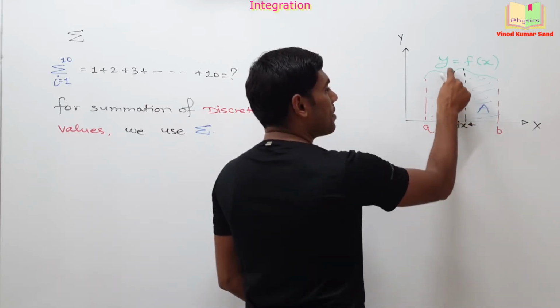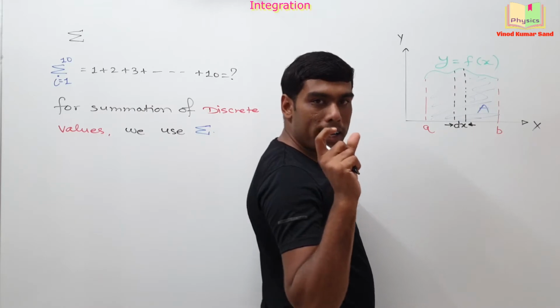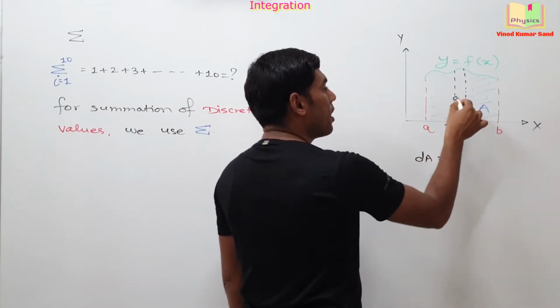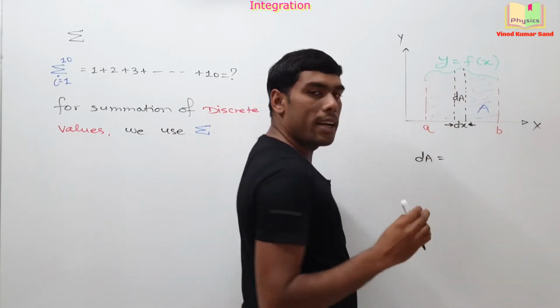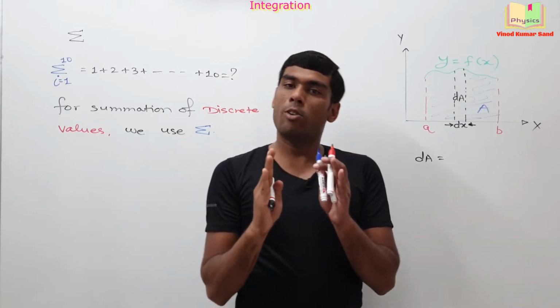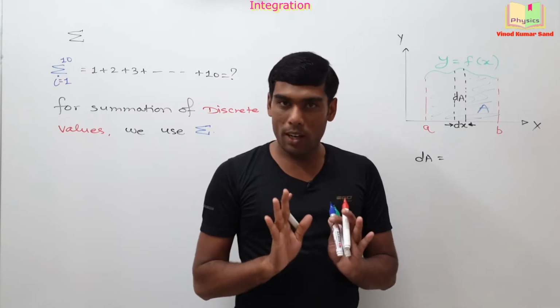So you can imagine this to be a rectangle. This small rectangle has the area, let's say, dA. Now, if you can break up this entire area into such small rectangles and you find the area of each rectangle and then sum them up, you will get the total area.